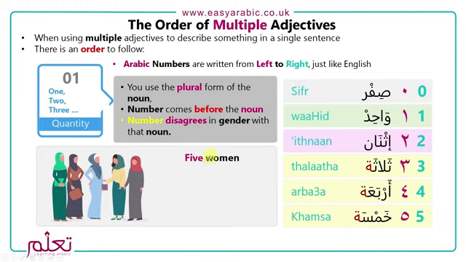If we say 5 women, a woman is imra'a, but the plural of women is nisa. When we say 5 women, we now need to drop the ta marbuta to make it masculine. So it'll be khams nisa.